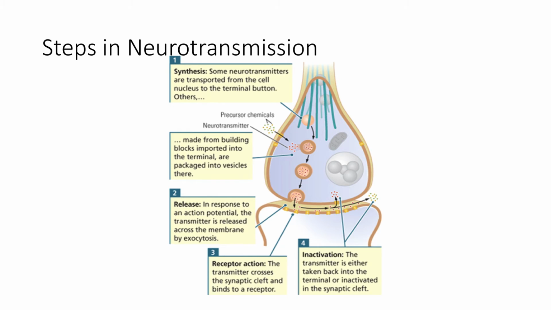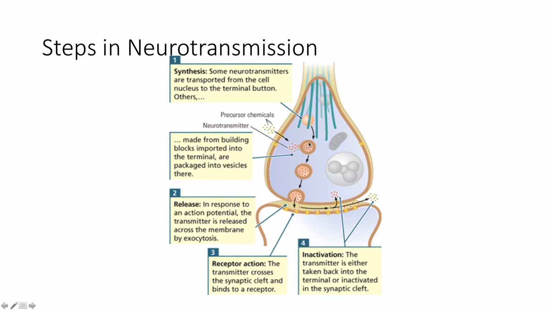Okay, so the first step, we're going to go over it again. The first step is synthesis. Neurotransmitters normally are made in the DNA, but sometimes the building blocks are stored in the cell itself. Then whenever the action potential comes down, calcium will go into the cell.